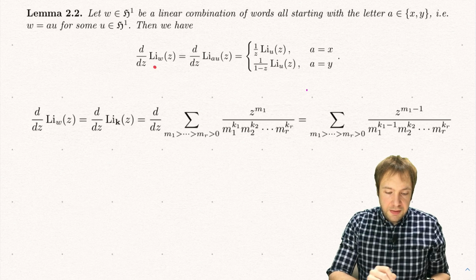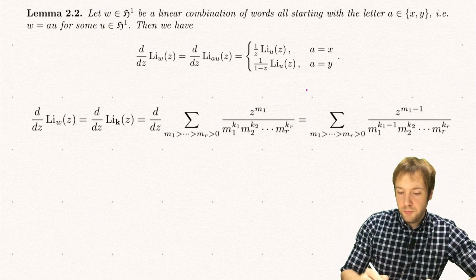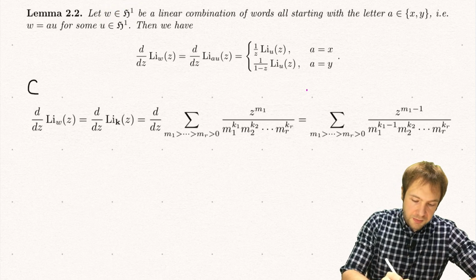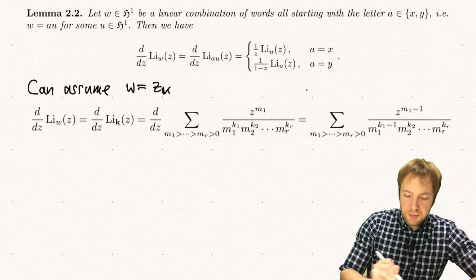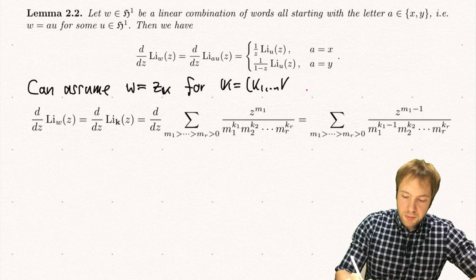So since this Li is linear, we can focus on the generators in H1. So we can assume that this W is actually just given by one of these z_k's for some index k = (k_1, ..., k_r).